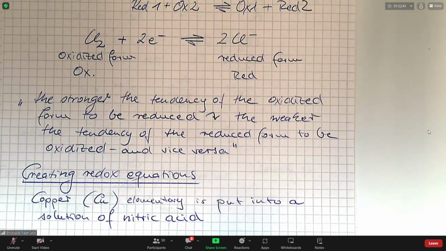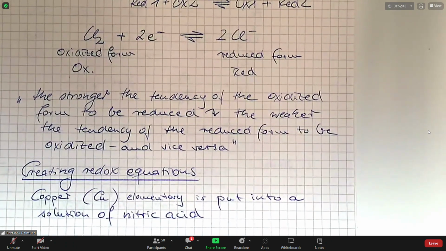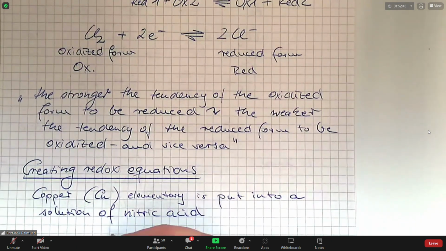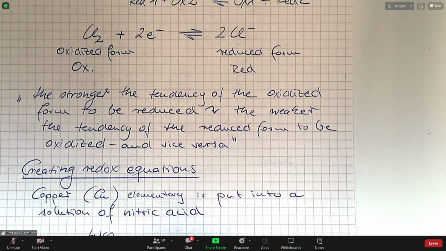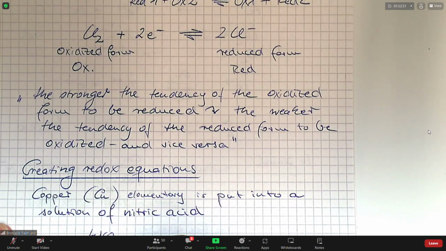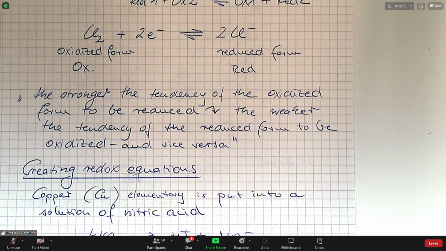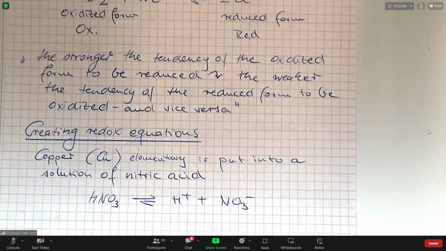Do you know the formula of nitric acid? So HNO3, that could act as an acid. It is creating H plus ions plus NO3 minus. What is now important, HNO3 is not only an acid, now we mix it up with redox.